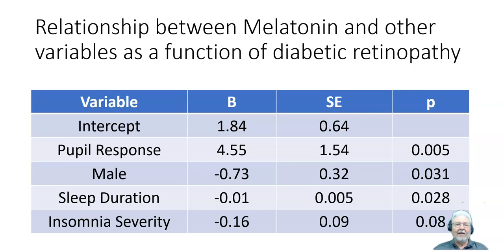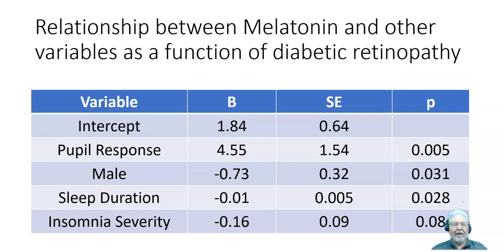So in this particular regression equation, they look at the melatonin response, and they take samples from the patient, can determine their melatonin, and then they look to see, they had different levels of diabetic retinopathy.